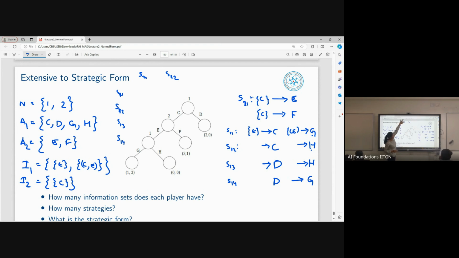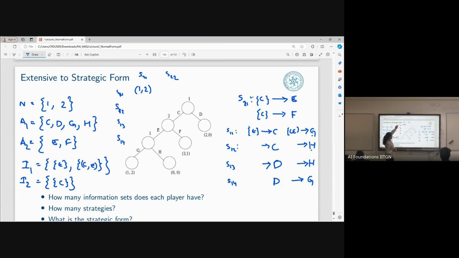So he's taking C, then E. Sorry for the bad handwriting. Because he has taken E, now this fellow is taking G. So now you have 1, 2. That's how C, E, and G. So player 1 gets a utility of 1 and player 2 gets a utility of 2.